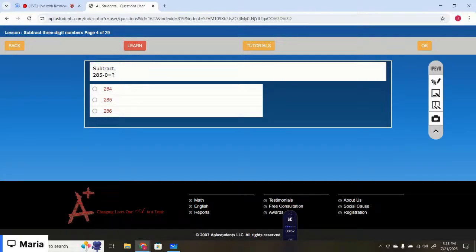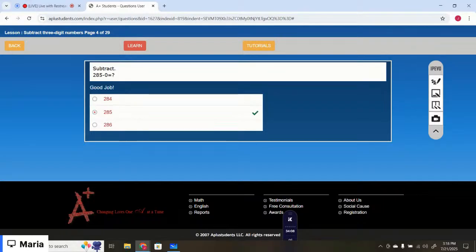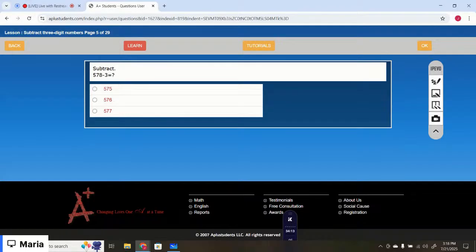Two hundred 85 minus 0 is 285. Option number 2 is the correct option. 578 minus 3, which is the correct option.